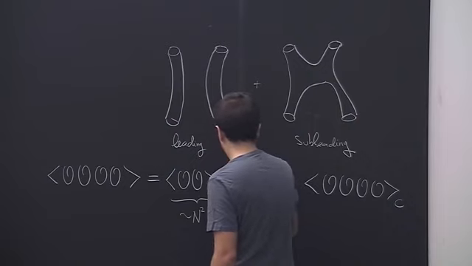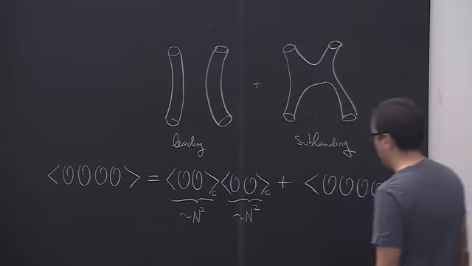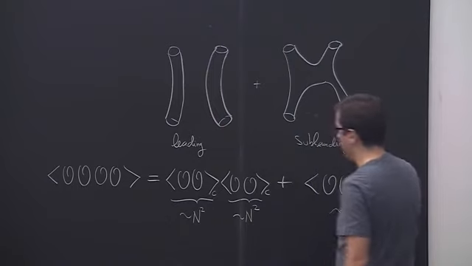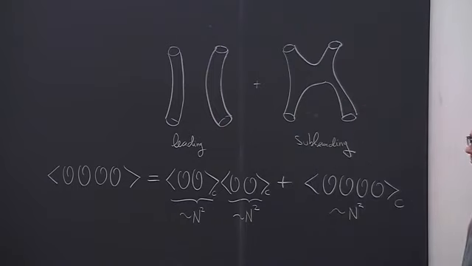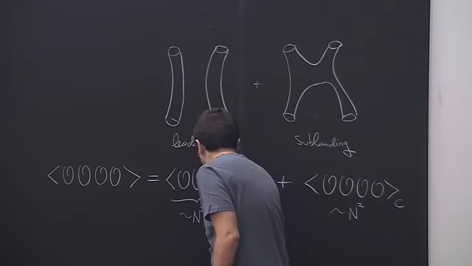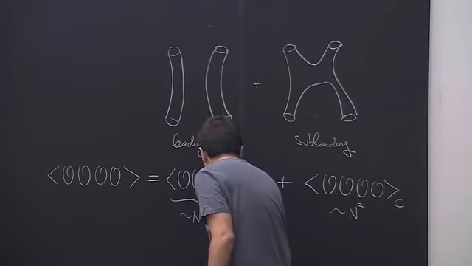This goes like n squared, whereas this guy goes like n squared. Right? So immediately we see indeed these guys are leading.